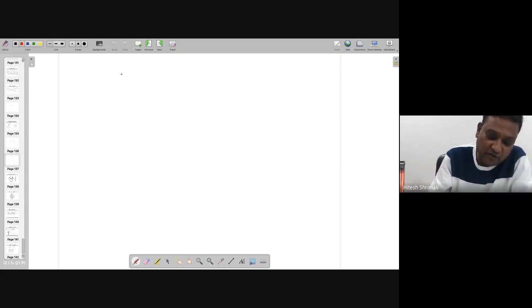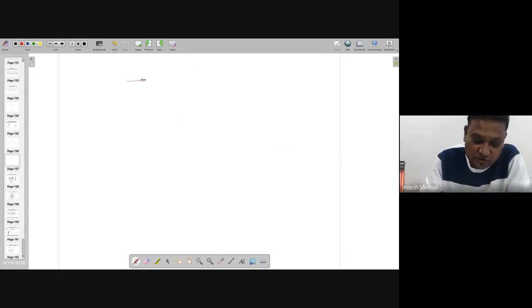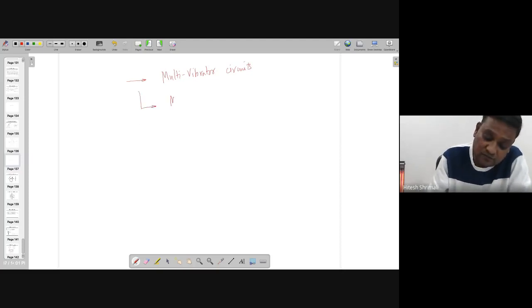So we were talking about very crucial circuits which are used in all the digital circuits, known as the multivibrator circuits. In multivibrators, we have learned about three crucial elements: monostable, astable, and bistable circuits.